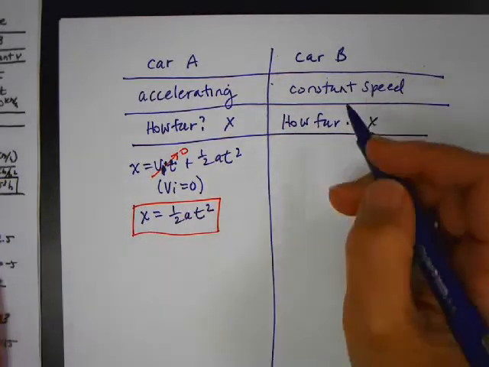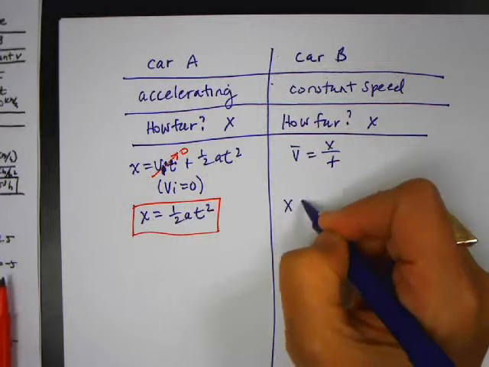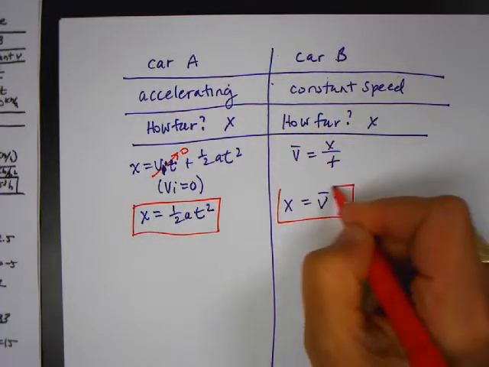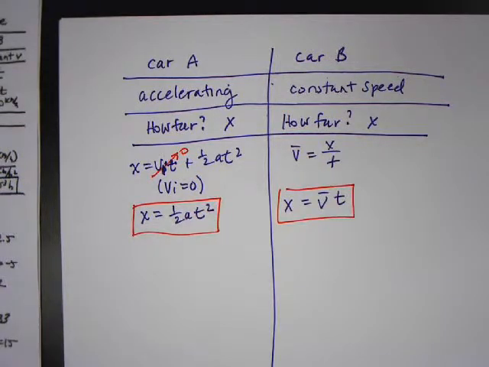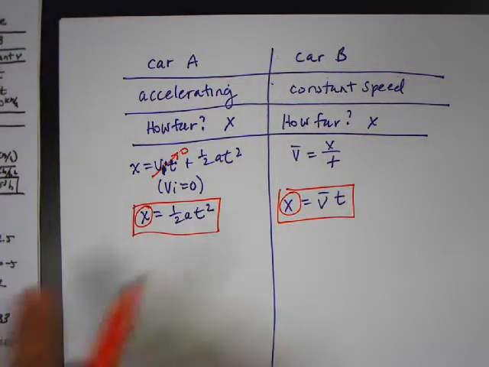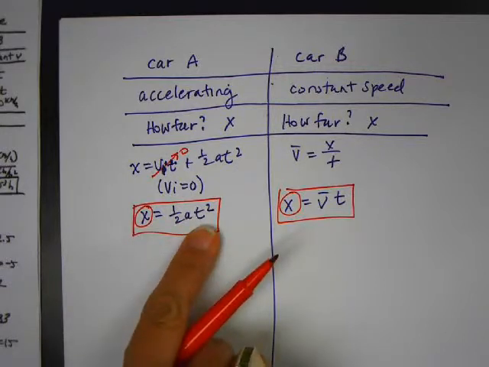For something that's moving at a constant speed, we know v is equal to x over t. So x is equal to v times t. So now here's our equation for x. So the question said, at what time does car A reach car B? So when they reach each other, this x is equal to this x. Because these x's are the same, see, the problem is here I have too many unknowns. I don't know x and I don't know t.